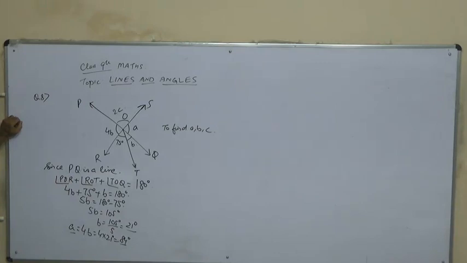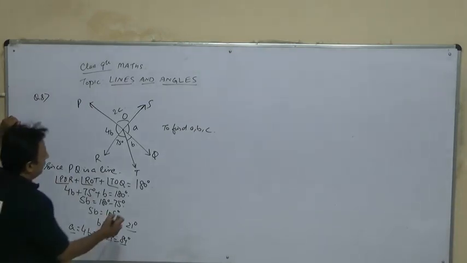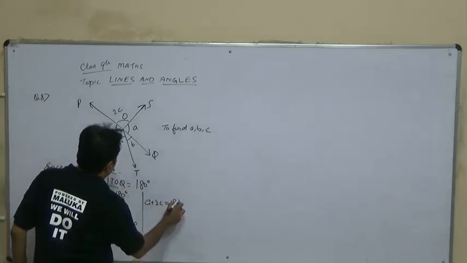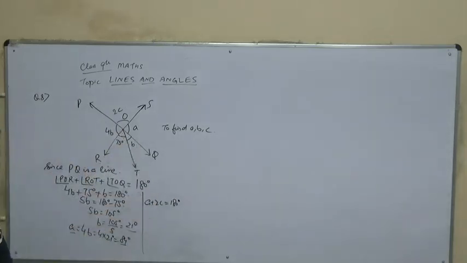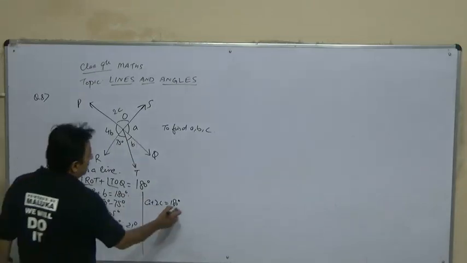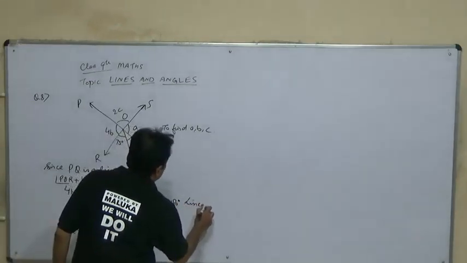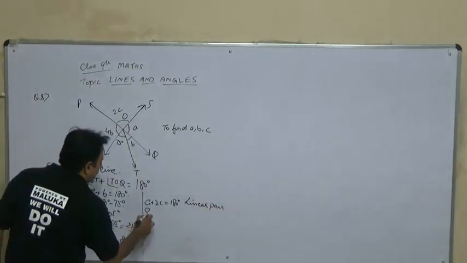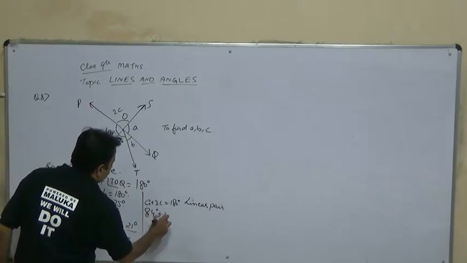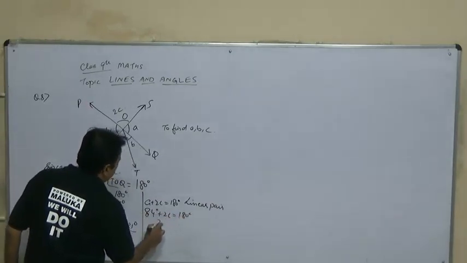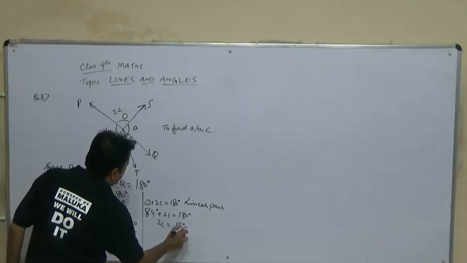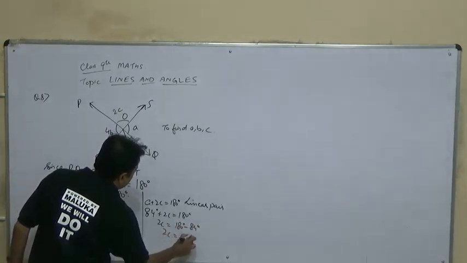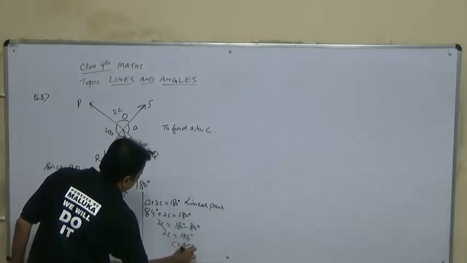Now we want to find 2C, which is given. We know that A plus 2C is equal to 180 degrees, because PQ is a line, so this forms a linear pair. And we know the value of A is 84 degrees, so 2C is equal to 180 degrees minus 84 degrees. 2C is equal to 96 and C is equal to 48 degrees.